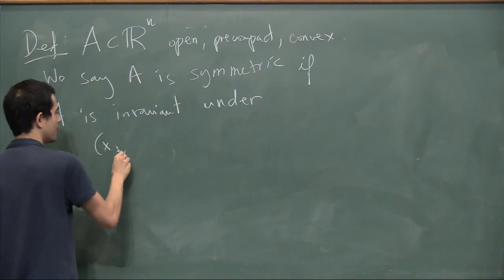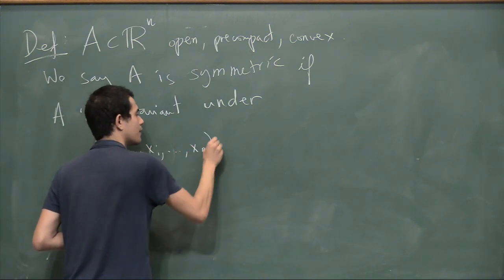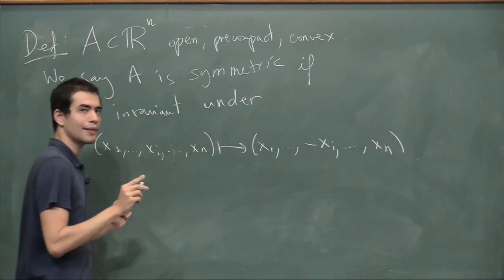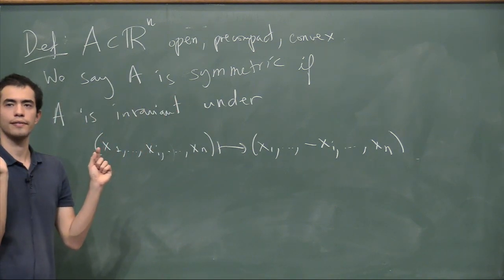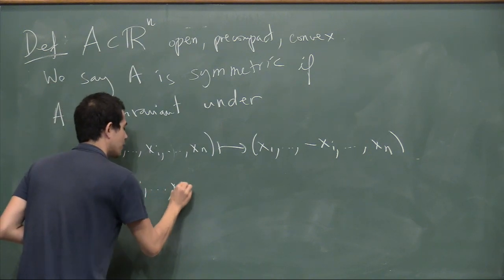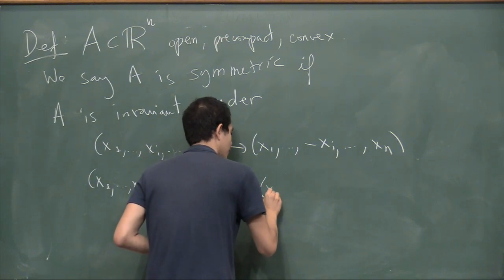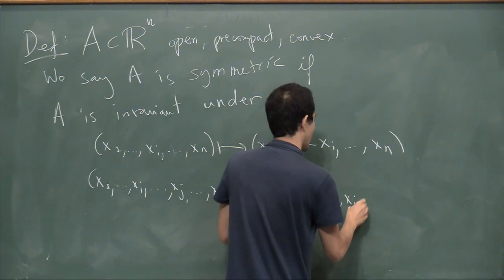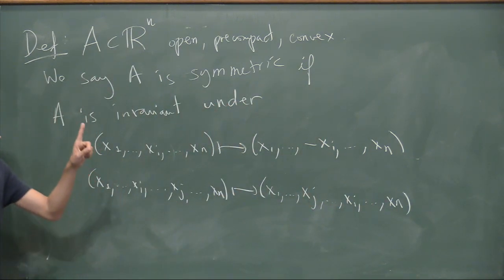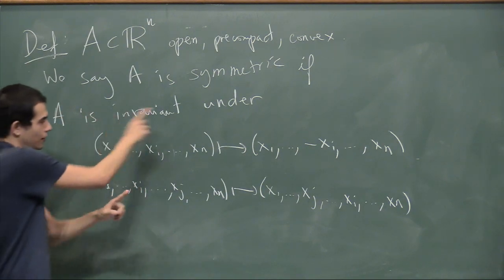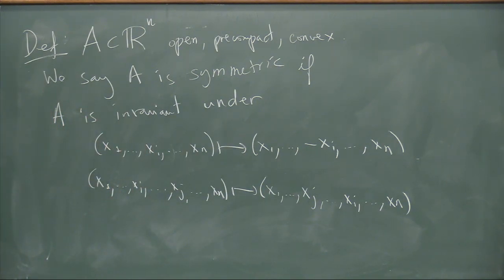So it's invariant under taking x_i to minus x_i. And also when you switch coordinates, so if you take x_1, ..., x_i, ..., x_j, ..., x_n into x_1, ..., x_j, ..., x_i, ..., x_n. So it's invariant under reflections about the coordinate planes and about all these other directions. Okay. So if it's invariant under this, I say that the domain is symmetric.